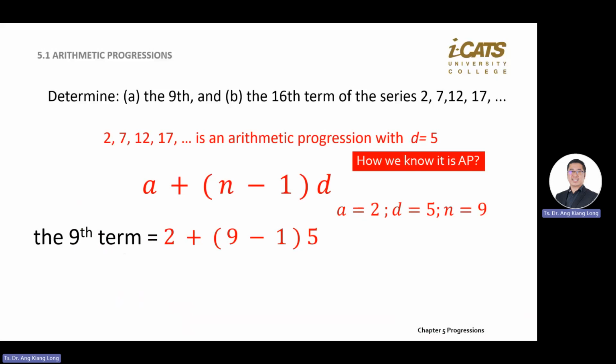Write what A is, what N is, what D is. Substitute, then press the calculator. Those who have problems with minus signs or negative numbers need to practice more. In the tutorial you always see positive values, but in tests sometimes we give you decimals or fractional numbers.